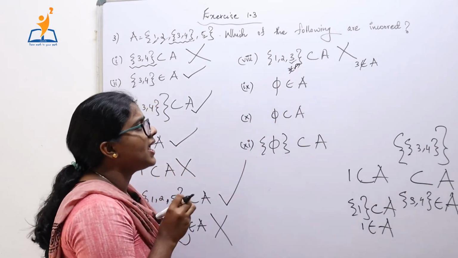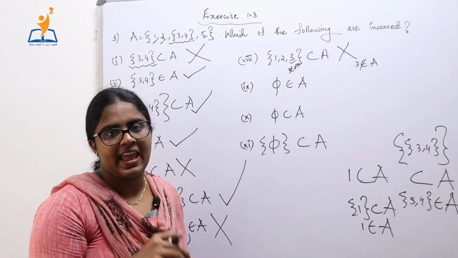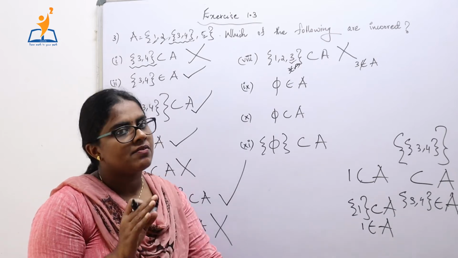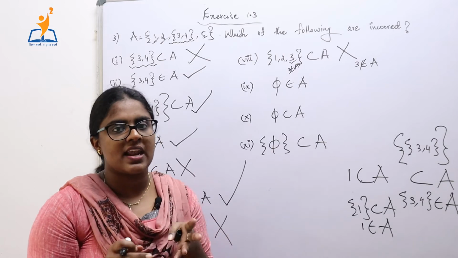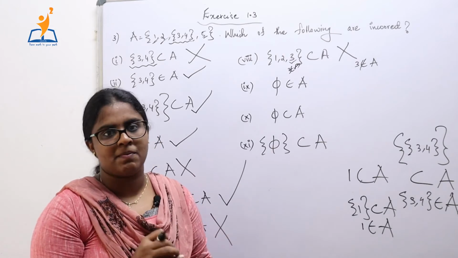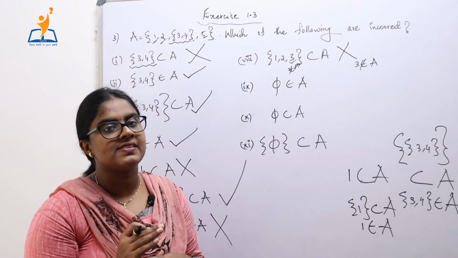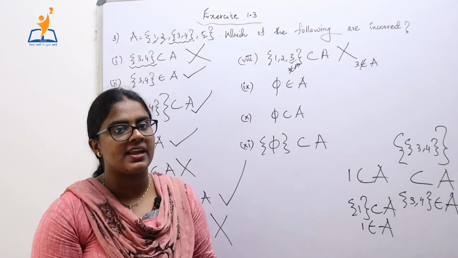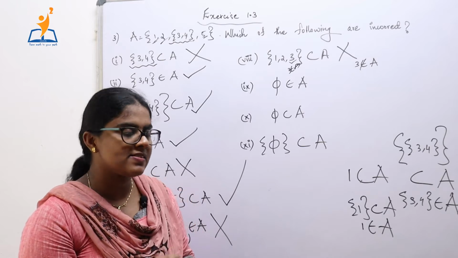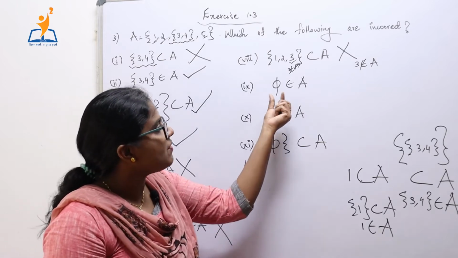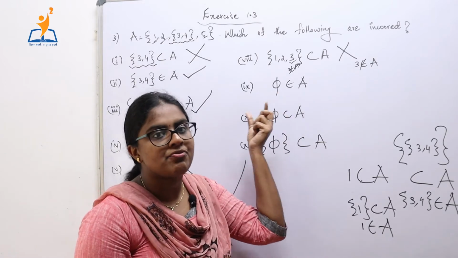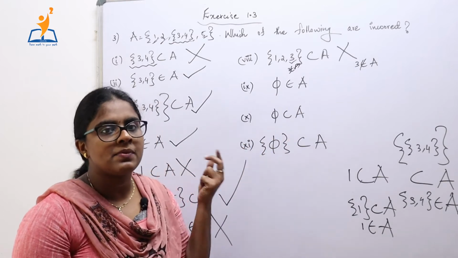Now, 5 belongs to set A. We already learned in the previous class that 5 is a symbol which we use to denote the empty set. An empty set is a set which contains no element, and we usually use this symbol 5 to denote the empty set.